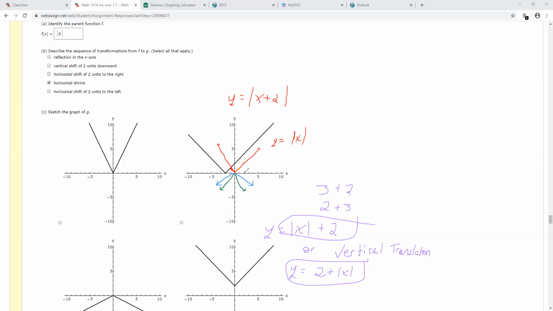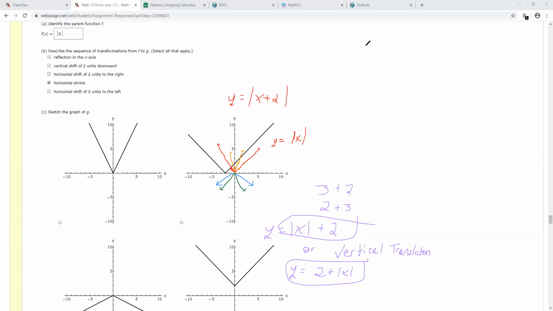Oh, okay. So what's this supposed to do when you compress it? It's half of that. So instead of being 2 units away from the y-axis, now it's only how many units? Half of that. So it'd just be right here, which is 1 unit away. Yes. So it's easy to get twisted in our minds here, but you end up getting something like that. Okay, I hope that's okay.